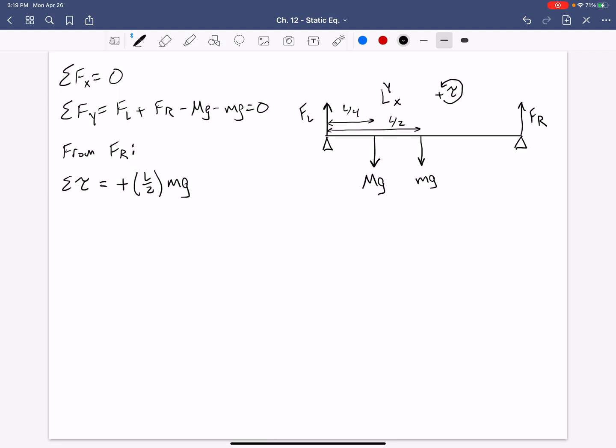Sine 90, of course, is 1. And we're adding the second torque from the block. So that's at a distance from the right point of L over 2 plus a quarter, that's a total of 3L over 4 times the force of capital Mg, okay?